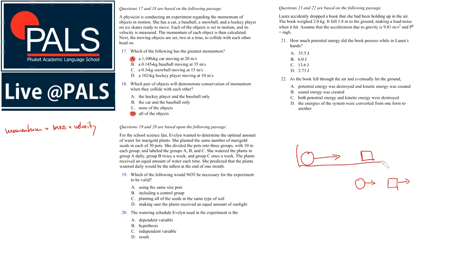So the total momentum in this system, which means at the moment this one has a momentum of 0, and let's say this one has maybe a momentum of 100 kilogram meter per second. This one has 0. Then down here, the combination of the two has to be equal to the total momentum here.